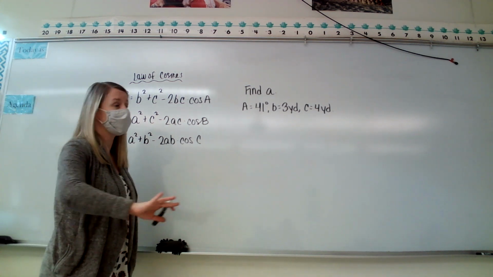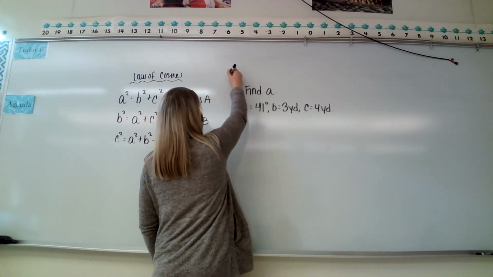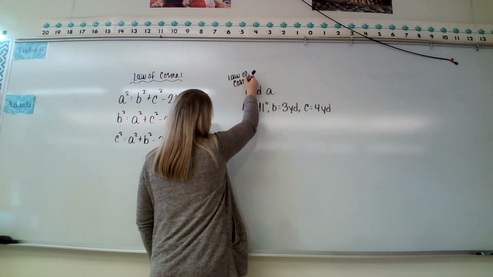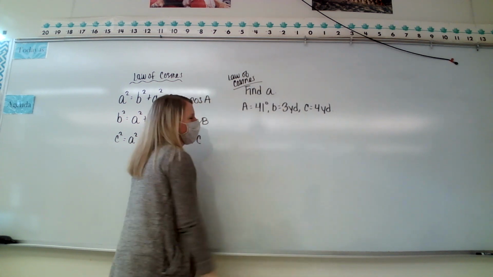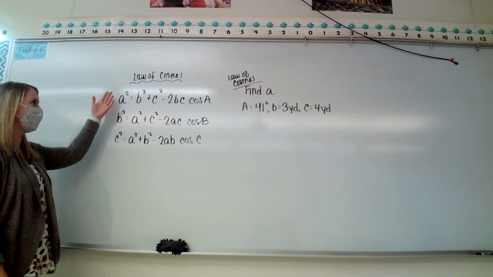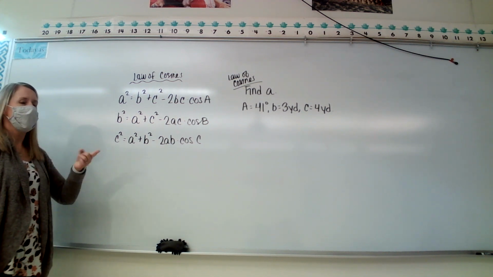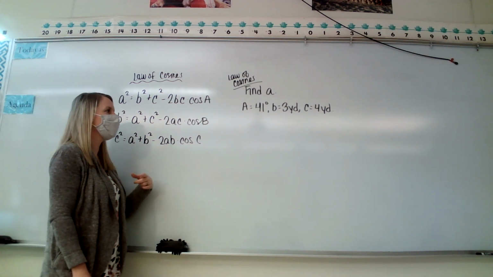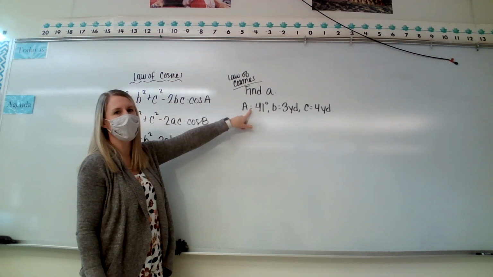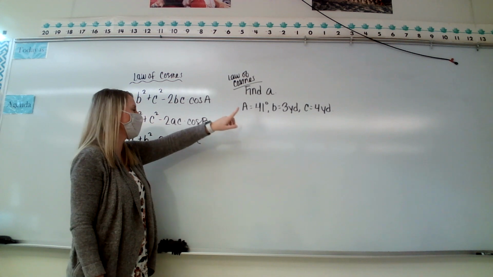So I'll tell you, use law of cosines. I'm never going to try to trick you or have you do one thing over the other. I'll always tell you what to do. So I'm telling you use law of cosines, but we have these 3 options. The one thing I always look for is what angle do I have? We have angle A. And then look at your options.